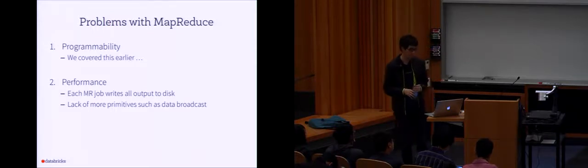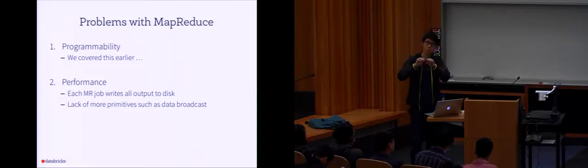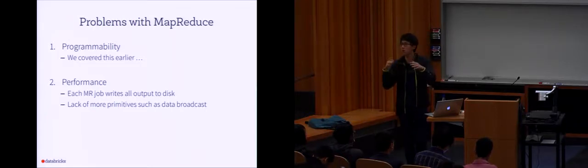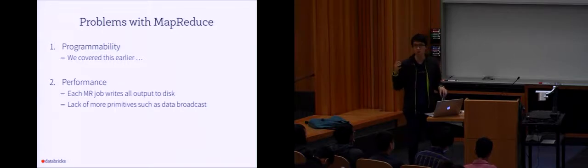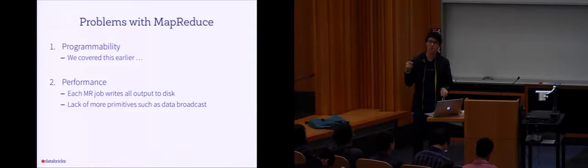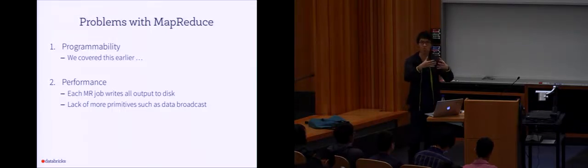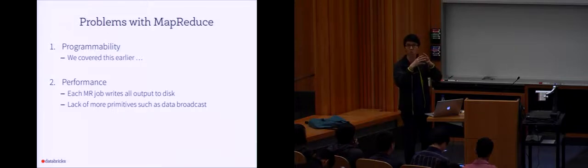And the second part is MapReduce is very restrictive. It's almost too restrictive to the point that there are other higher level primitives that are actually lacking from that programming model. People are finding that very soon. Like one simple case is in a lot of workloads, sometimes you want to actually broadcast a data set. So for example, if you're running machine learning, you might be updating some model at every iteration.